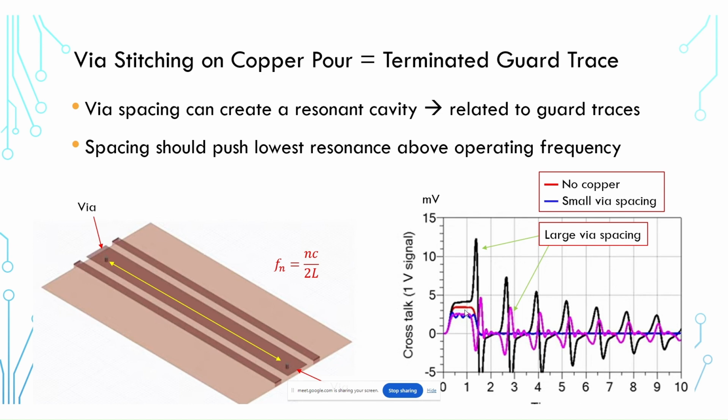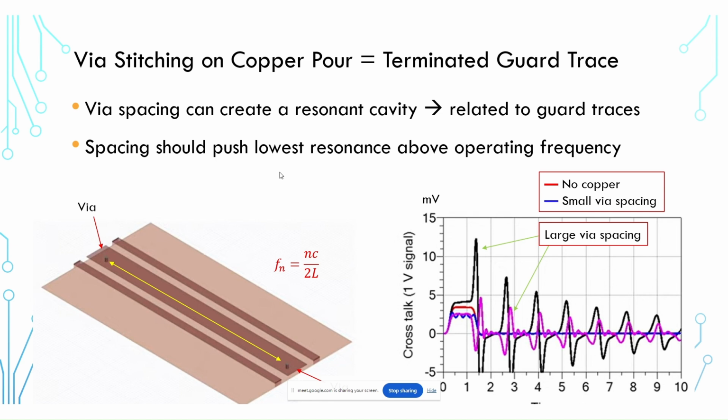It's not a huge reduction, but it is a reduction in crosstalk. In this case, where we have small via spacing and a low loss material, we can actually excite some resonances that bounce back and forth between these vias, and that generates what we see here, which are these two instances with the black curve and the purple curve, and those two instances generate this strong peaking behavior and oscillation that we see along this interconnect.